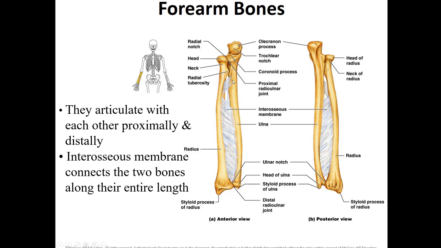You will have an interosseous membrane in between those, kind of holding it, but still allows movement. Remember, between your forearm bones, you will have pronation and supination. So when you pronate, it is your radius that is going to do the movement, and it circles around your ulna.